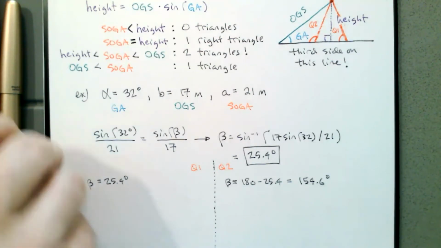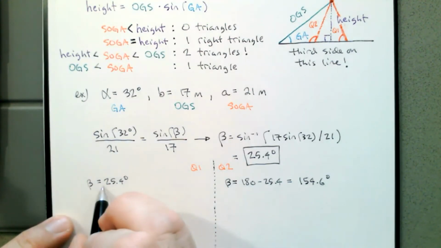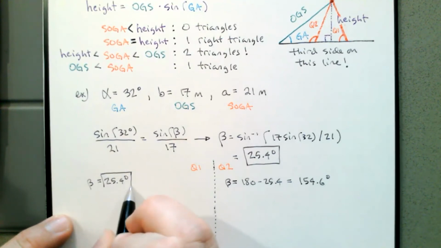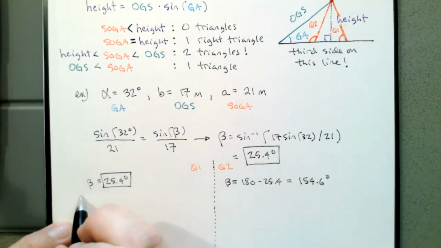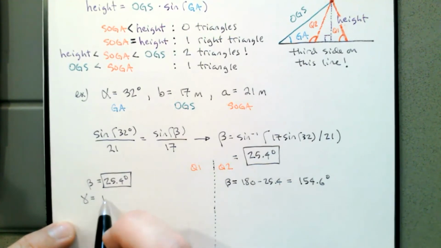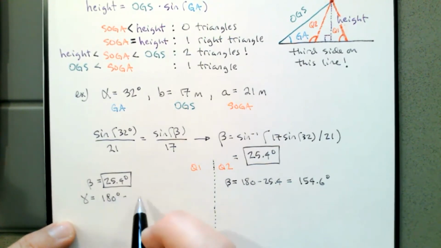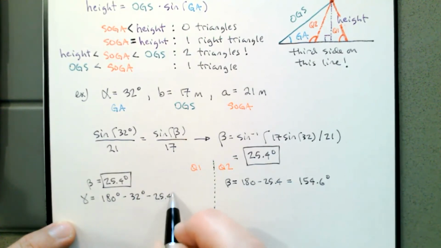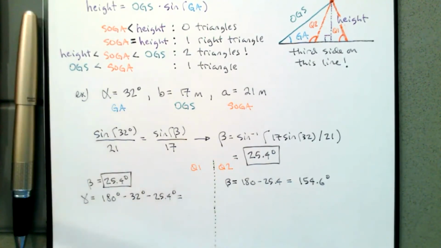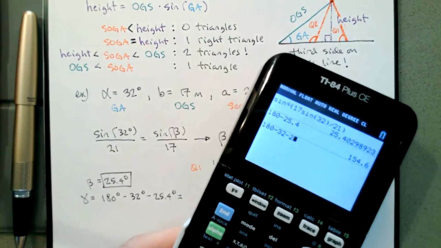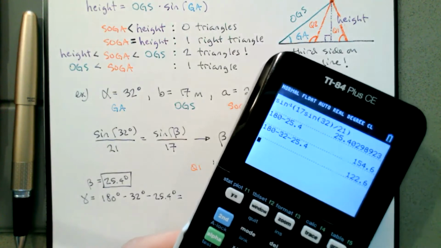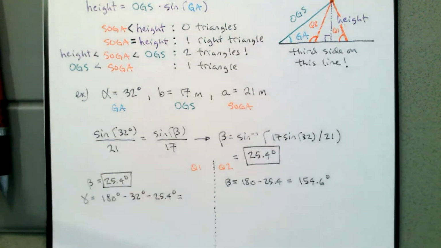So once we have two angles, we subtract to find the third angle. So gamma is 180 minus the 32 that we were given, minus the 25.4, which is 122.6.